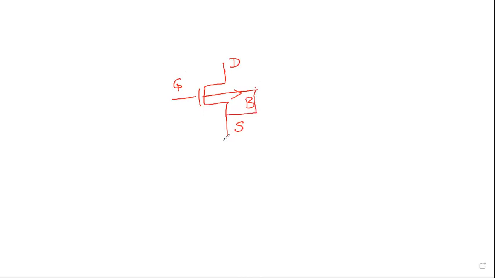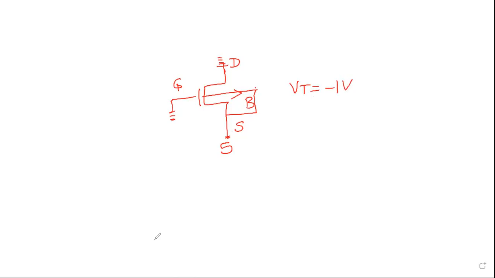Source is 5 volt, gate is connected to 0, and drain is connected to 0. And VT is minus 1 volt.